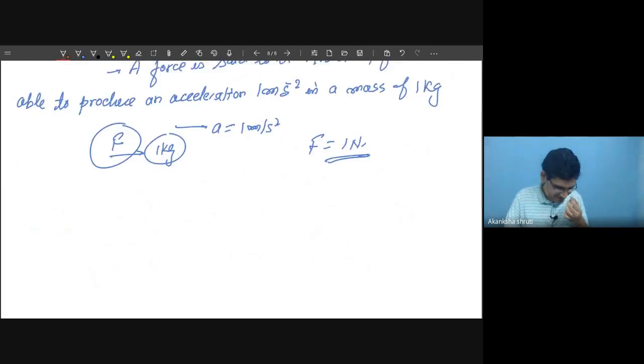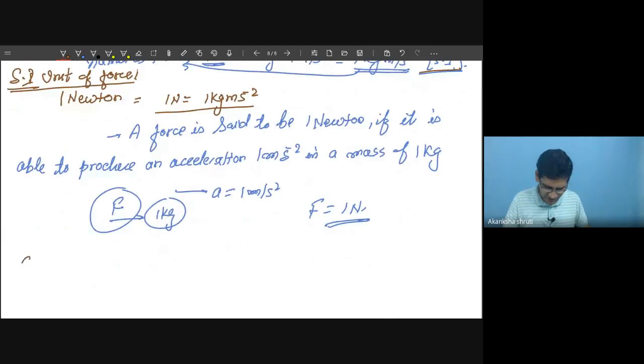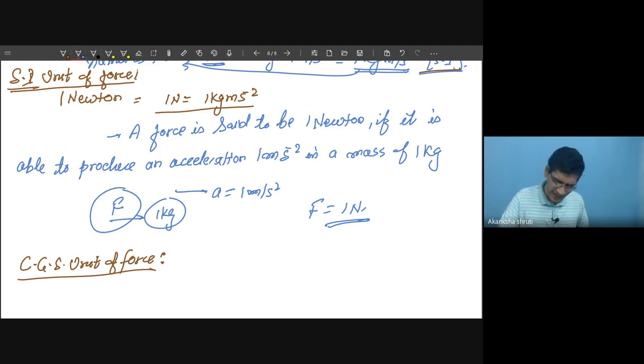The other one is our CGS unit. In CGS unit, we need to take mass in gram but acceleration in centimeter per second square.